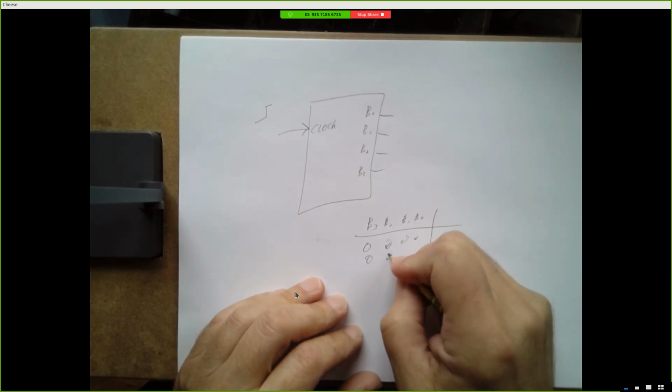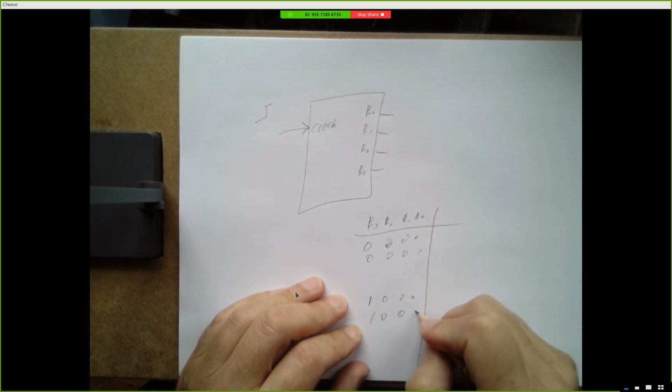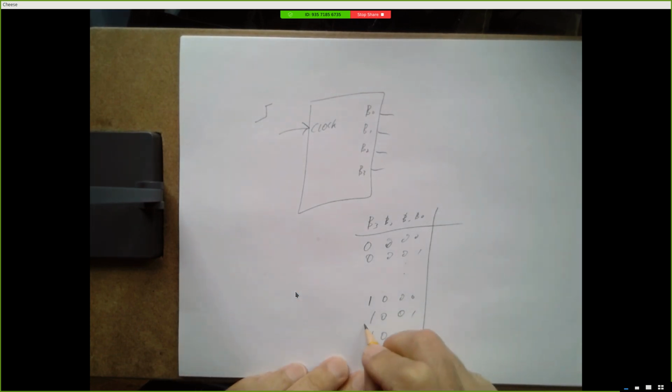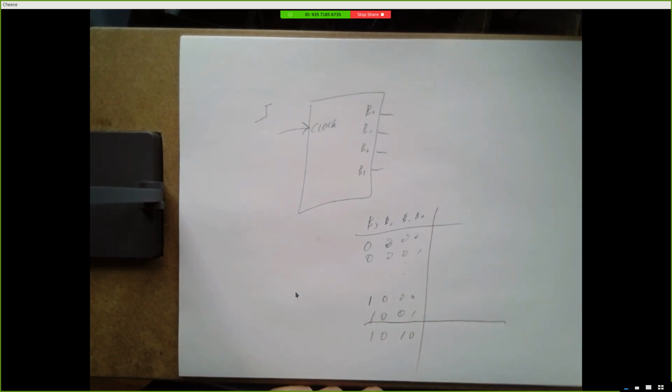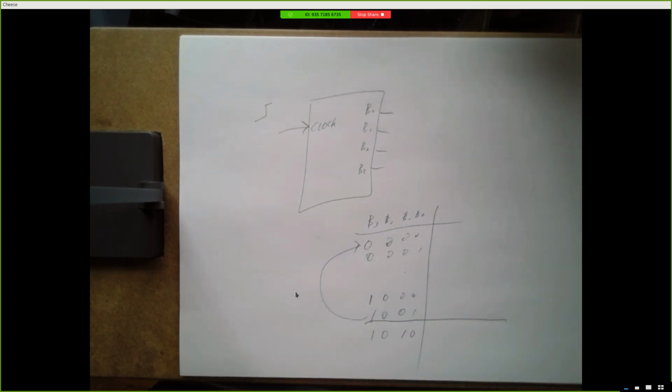So this is going to count in the usual way. And what we'd like to do is when it gets up to 1001, which is 9, we'd like the next count to be 0, right? So that it goes back.